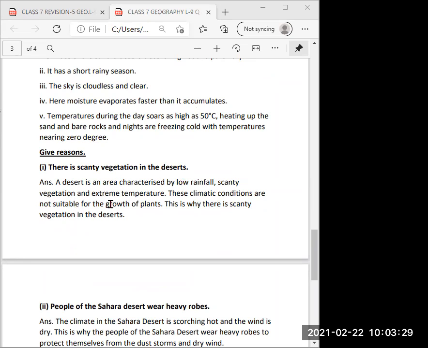The desert is an area characterized by low rainfall, scanty vegetation, and extreme temperature. Now, what is a desert?